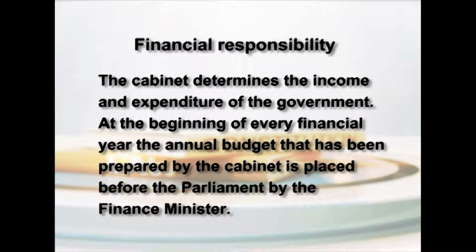Though the task of preparing the budget solely lies with the finance minister, we find that important financial matters or decisions, like the imposition of income tax, distribution and allocation of funds, etc., are determined by the cabinet members.